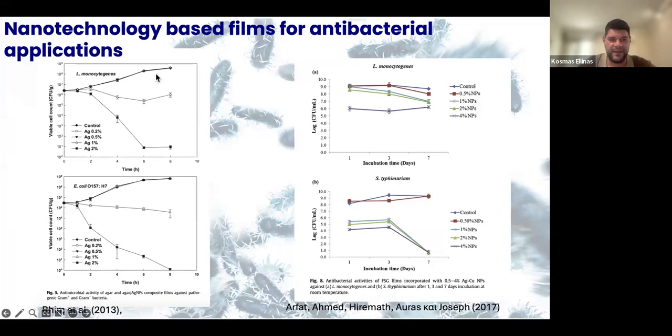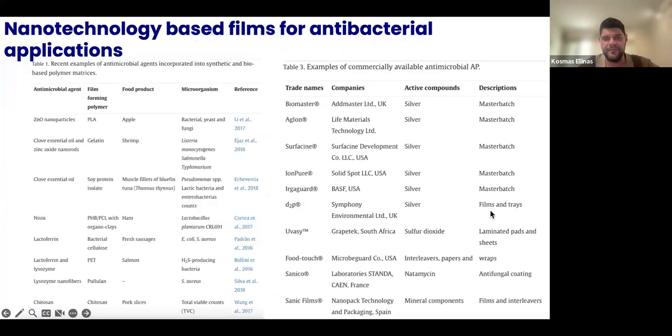So if you compare this, in which we have the CFUs per gram, and it is constantly increasing, if we use a high concentration of silver, we have a significant decrease. For Listeria, for E. coli, again, the same here by using nanoparticle forms.